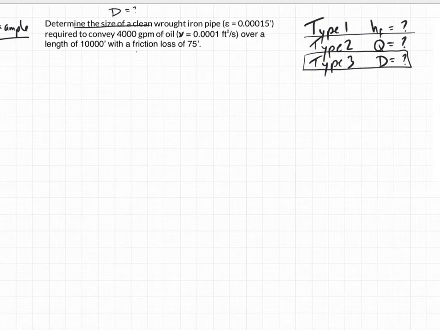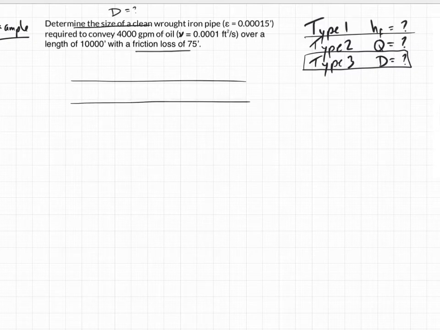Well, we know there's a friction loss. So if I wanted to do the energy equation for this pipe, well, we don't know D. We know the epsilon, so the little roughness factor is 0.00015 feet. We know Q, so we know 8.93 CFS.